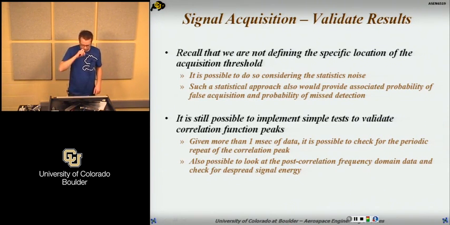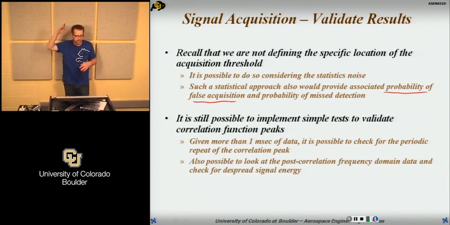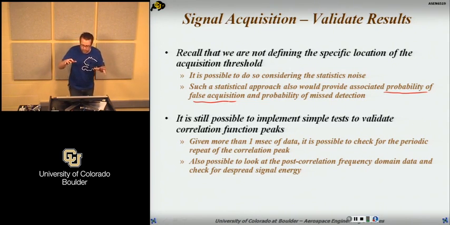So there is what we typically talk about: probability of false acquisition. We can change this value of the threshold where we say that we have detected a signal. We can set that to whatever we want. But we always have a probability of false acquisition, meaning that we detect a signal that isn't really there. That's the first problem.